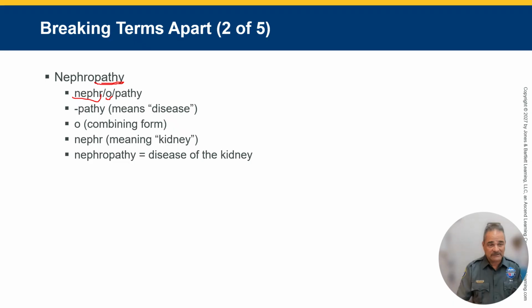So the combining vowel is just bringing the two together. The nephro is describing the kidney. Nephritis is an inflammation of the kidney. The I is the combining vowel of itis. The itis is the suffix that tells you exactly what's wrong. But nephropathy, with our O, is for disease processes of the kidney. So once again, nephropathy is disease of the kidney. Very simple. That's how we put these together.